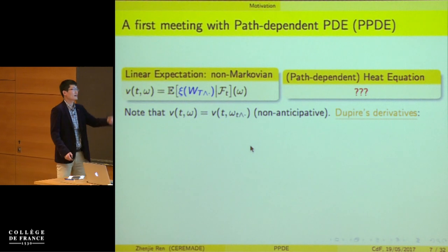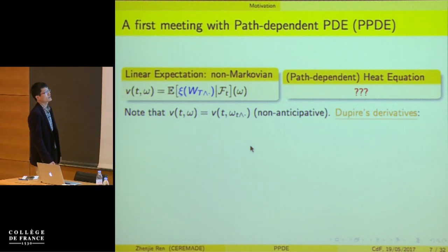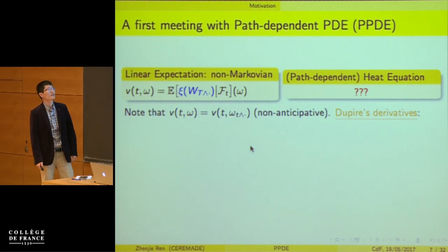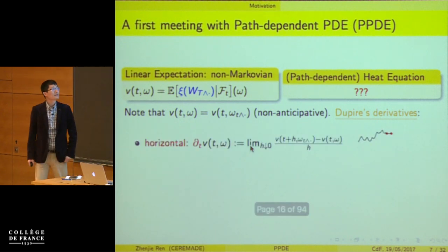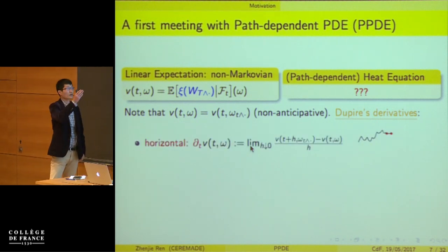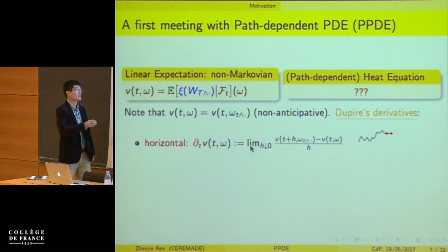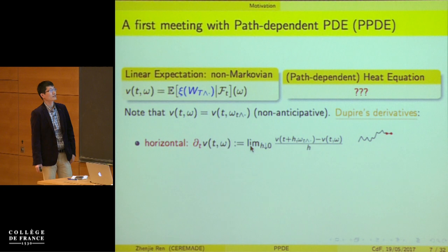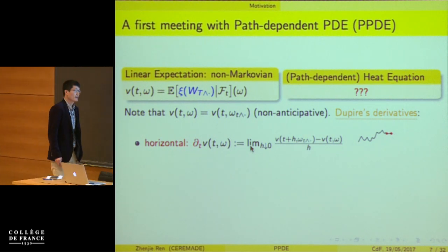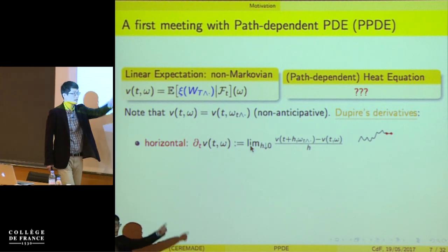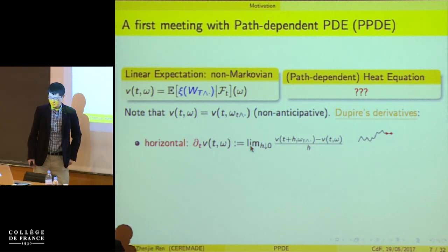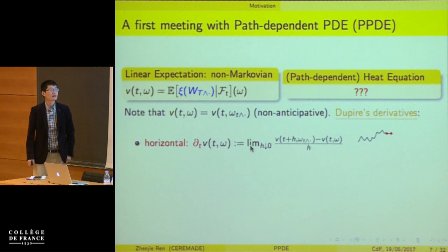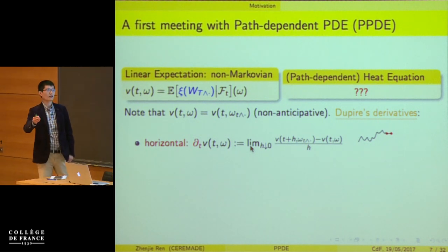Now I will introduce the new notion of derivative introduced by Bruno Dupire in 2009. First, let's consider the horizontal derivative, denoted as ∂_t V. We make a perturbation of this path-dependent function V in such a way. In the little picture on the right-hand side, the black path is the path omega until time t, the original path.